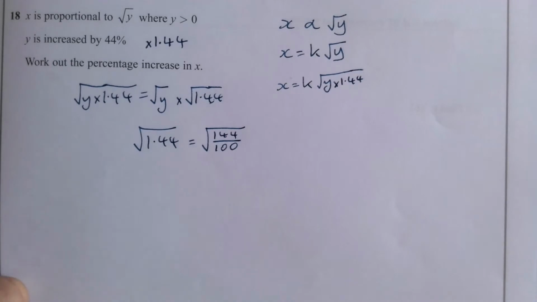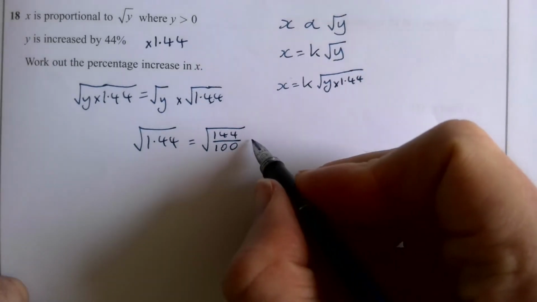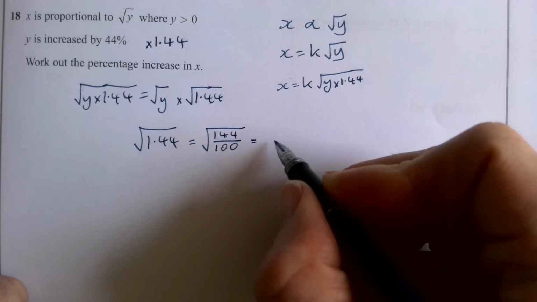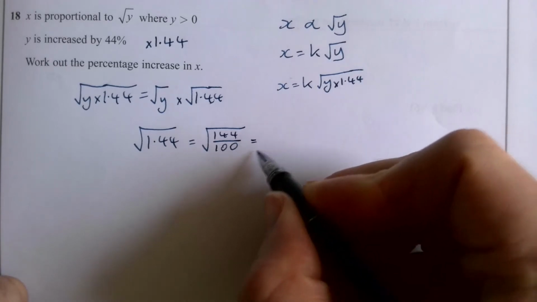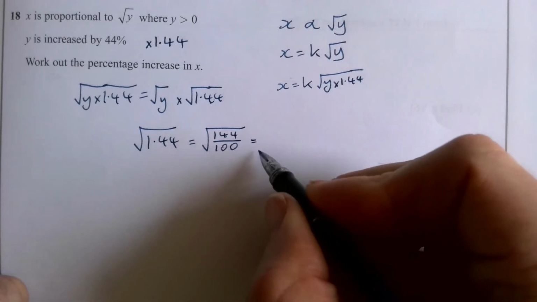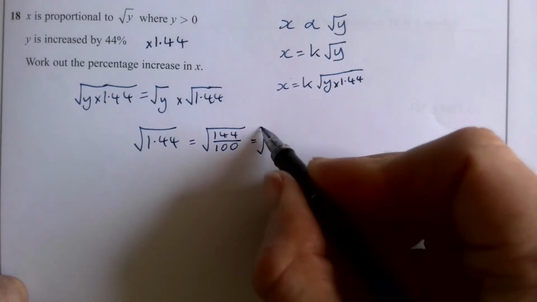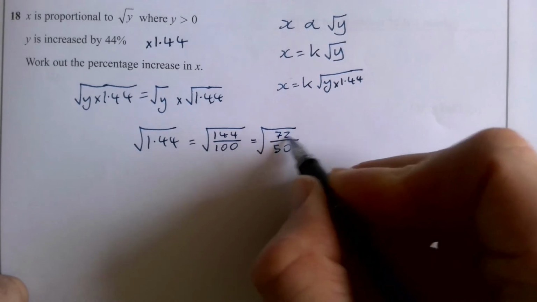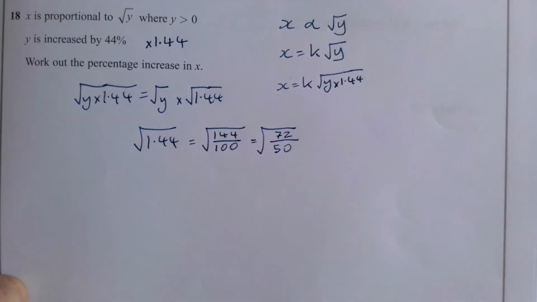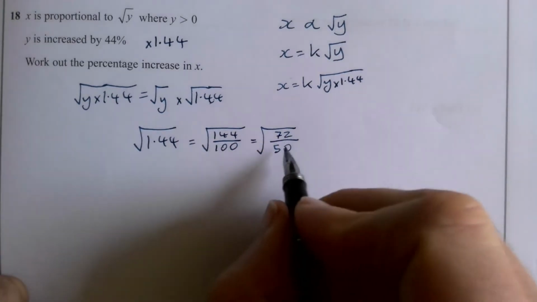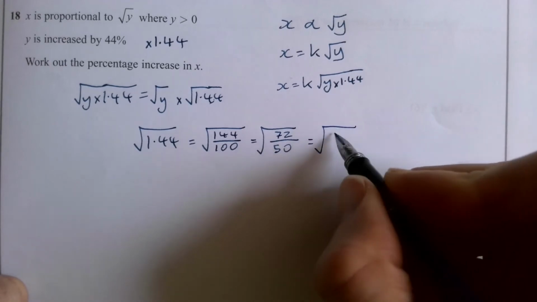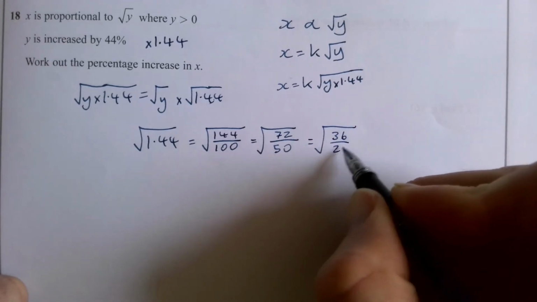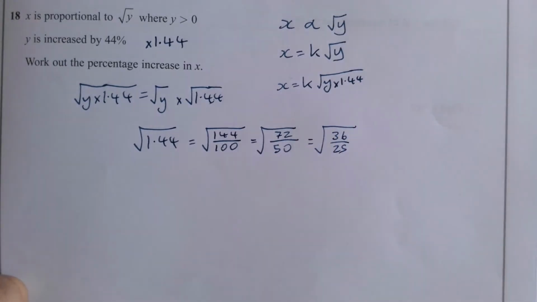So now we can say that that is going to be the same thing as, what could we do with this? We could simplify it, couldn't we? So let's just keep it simple, just do it one bit at a time, halve them both, gets us to 72. Doesn't help me yet, but I could still halve them again, couldn't I? 36 over 25.